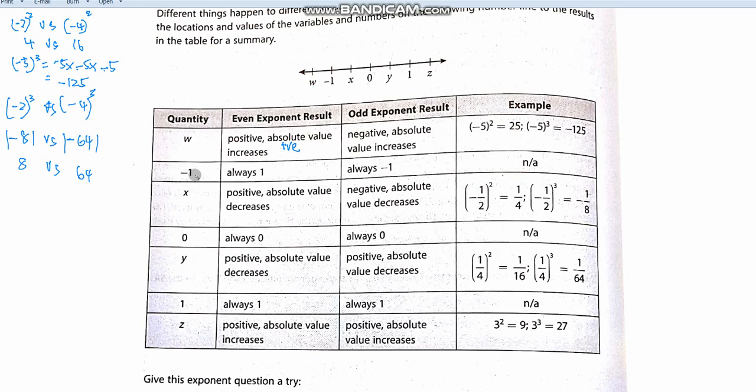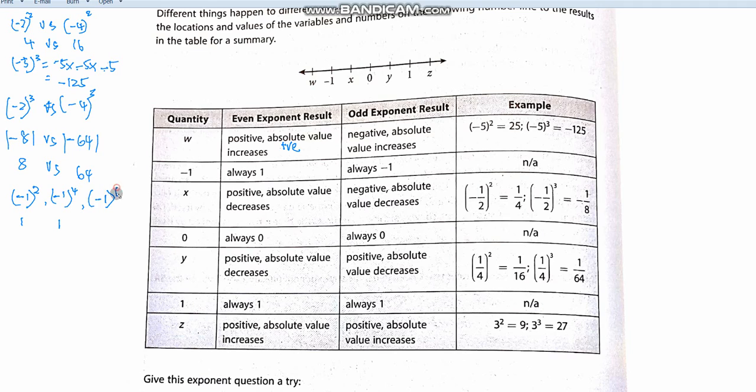Now, if your base is exactly minus 1, what happens? Minus 1 to the power of 2, or 4, this is talking about even exponents. You will always get 1.